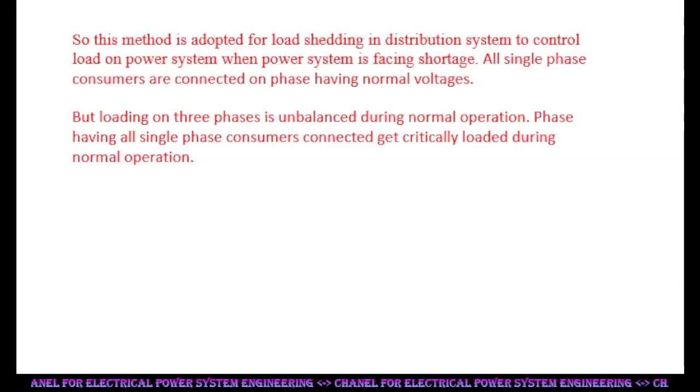All single-phase consumers are connected on the phase having normal voltages. But loading on three phases is unbalanced during normal operation. The phase having all single-phase consumers connected gets critically loaded during normal operation.